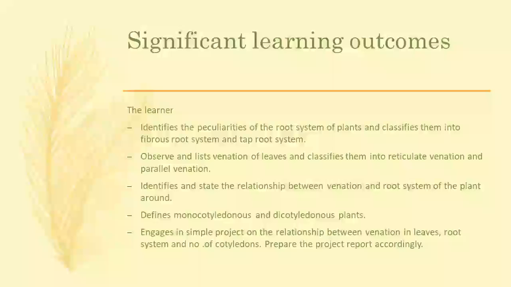Identifies and states the relationship between venation and root system of the plant. Defines monocotyledonous and dicotyledonous plants. Engages in a simple project on the relationship between venation in leaves, root system and number of cotyledons. Prepare the project report accordingly.